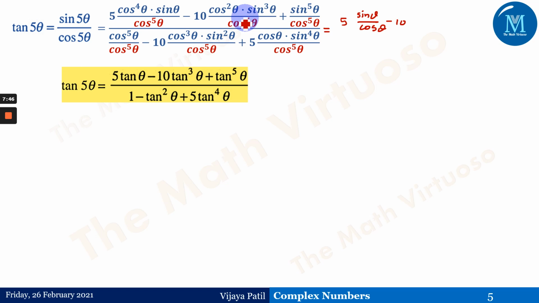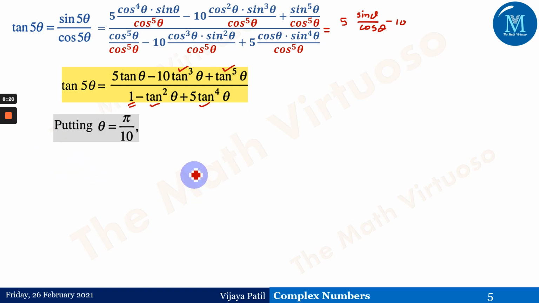So remember, in the denominator it is cos cube and the numerator has sin cube, so you will get tan cube here, right? Similarly sin to the power 5 theta over cos to the power 5 theta is tan to the power 5 theta. Here cos to the power 5 theta upon cos to the power 5 theta gives 1. Then here also, the denominator has cos square theta, so sin square theta upon cos square theta is tan square. We have got it, and similarly for the last term.